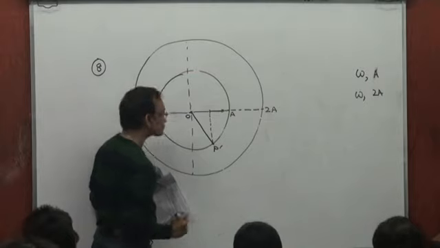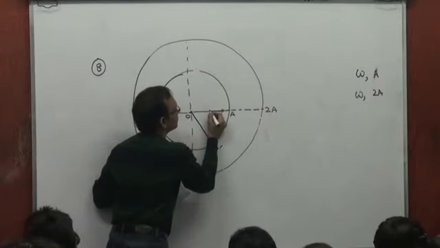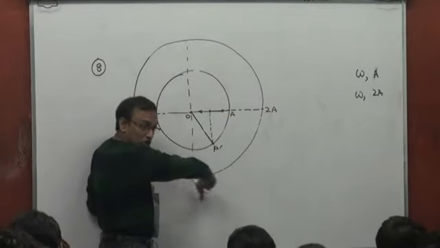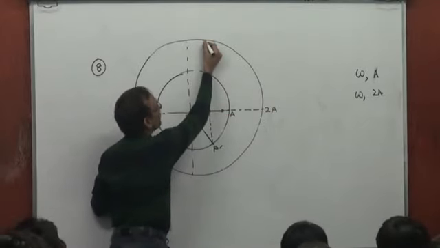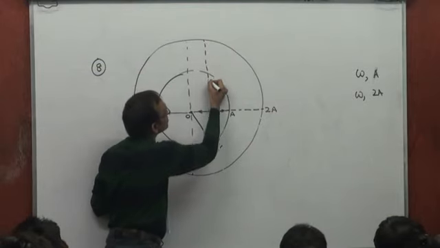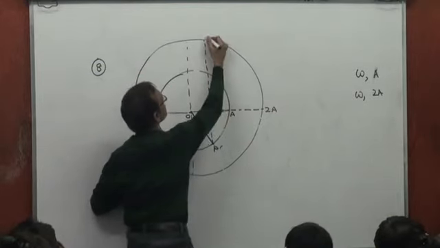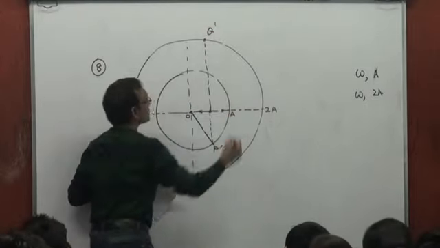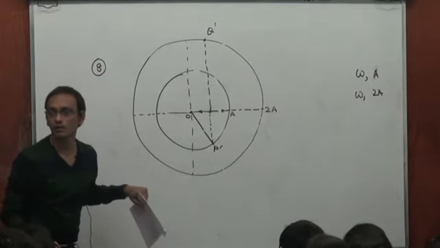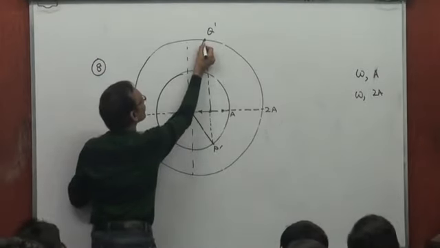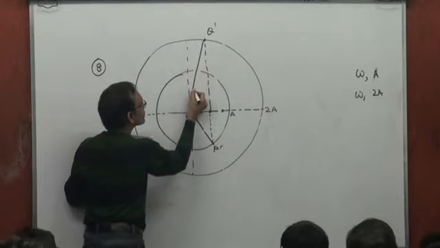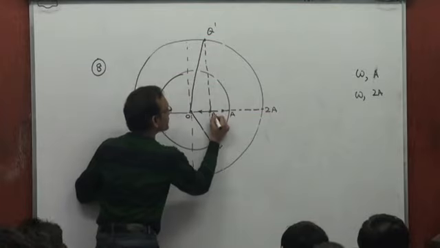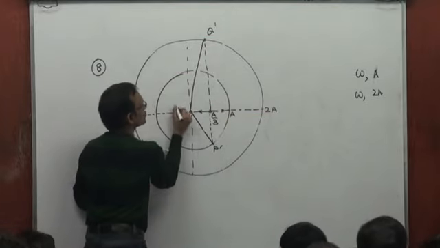This is O. For the other particle, it's heading in this direction and its auxiliary circle is this, amplitude 2A, and therefore its corresponding point on the auxiliary circle is this Q prime. And this point is x equal to A by 3.